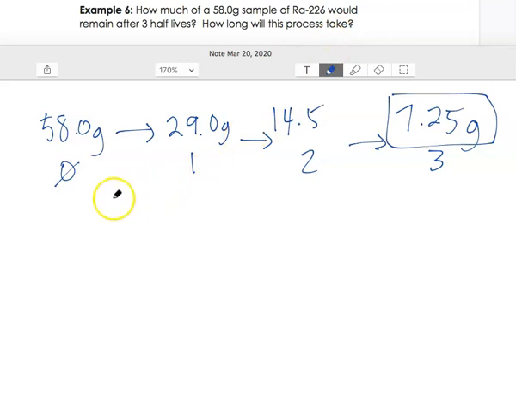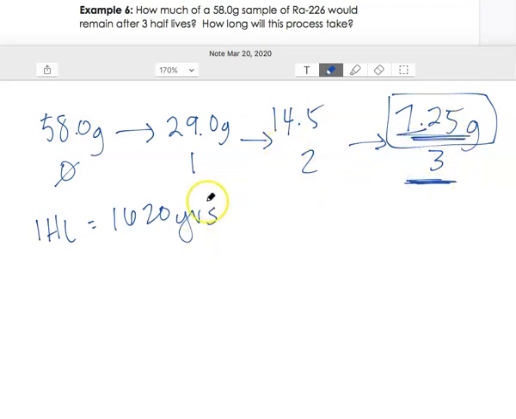How long will this process take? Well, if you look at the previous example, it says that one half-life is equivalent to 1620 years. Now, if it takes 3 half-lives for this amount to remain, then you guys can use basic ratios, right? From 1 to 3, so we multiply this by 3.